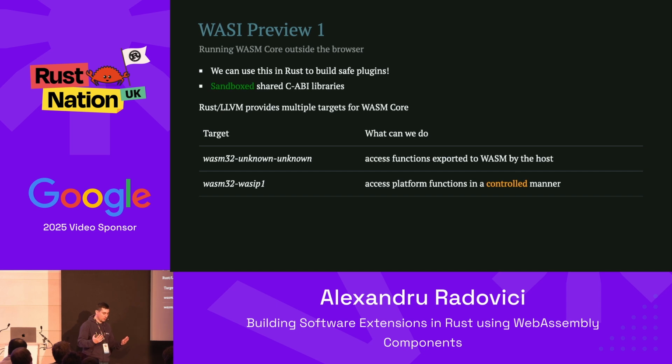A host is a piece of software which loads the WebAssembly module, verifies it, compiles it, and then runs it. And it runs it in a controlled manner. You can actually specify to the host which part of the file system is available, which networking addresses are available, what can it do with the clocks, and so on and so forth.